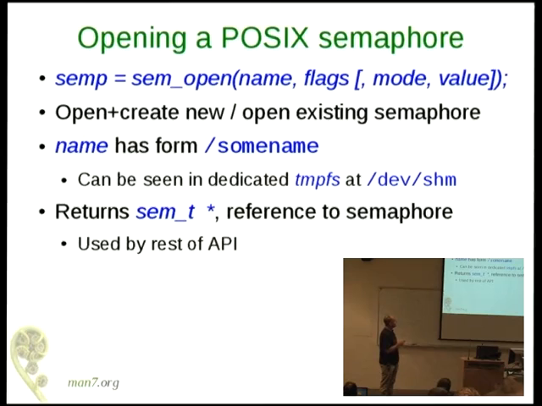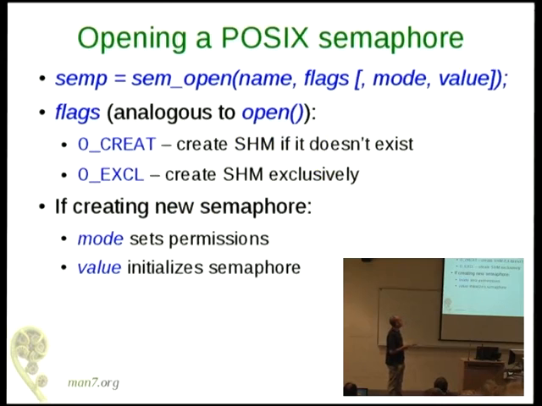Again, you can see the named semaphores you've created in this tmpfs at /dev/shm. You get back a pointer to a sem_t, which is just a reference to the semaphore, and you use that in the rest of the API. So the flags you can specify there: create, I want to create the object if it doesn't exist, and exclusive, I want to make sure I'm the one that created it. And as I said, the other two arguments are only needed if you're creating a new semaphore.